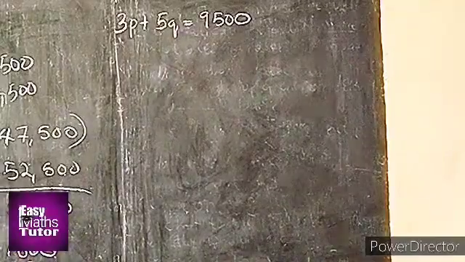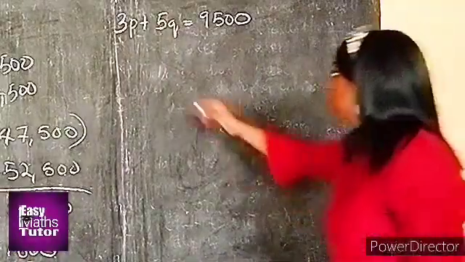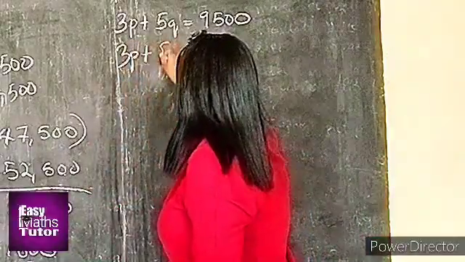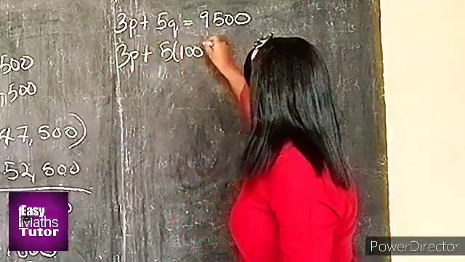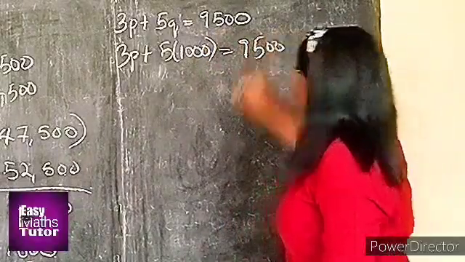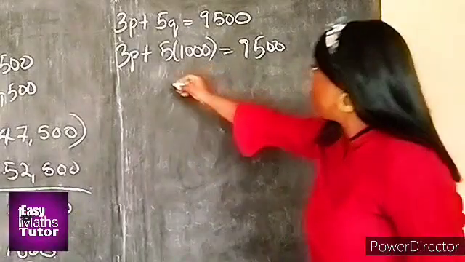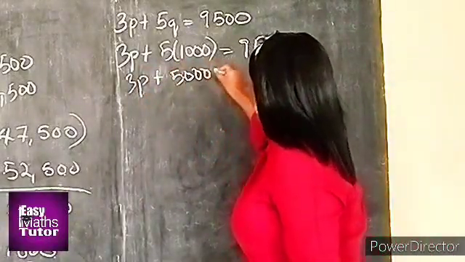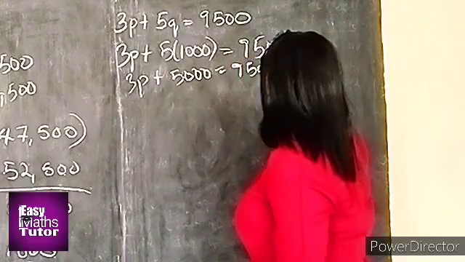At this point, we'll substitute the value of Q, giving us 3P plus 5,000 equal to 9,500.